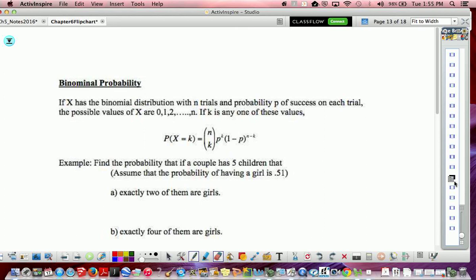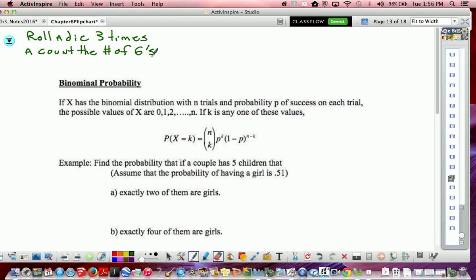I'm going to roll a die 3 times and count the number of 6s. Or I could just say I have 3 dice and I roll them all at the same time and look at how many 6s I could get. What are my possible outcomes here?